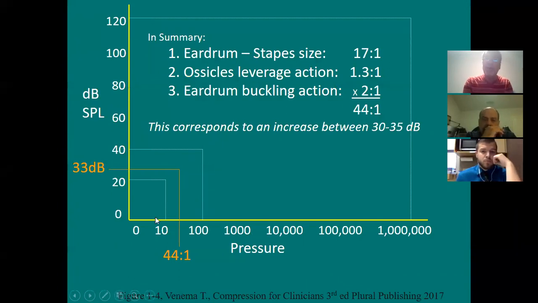If you increase the pressure by 10 times, you go up 20 decibels. If you increase the pressure by 100 times, you go up 40 decibels. Well, the middle ear increases pressure by 44 times. That's somewhere between 10 and 100. And mathematically, that pressure increase works out to about 30 to 35 decibel increase.